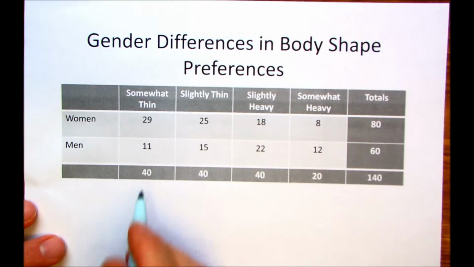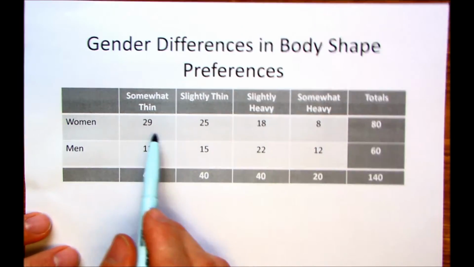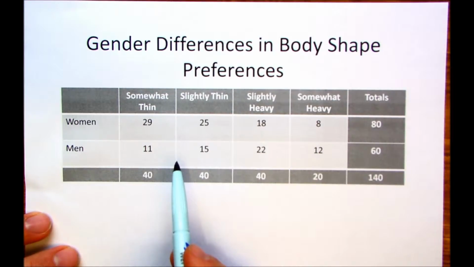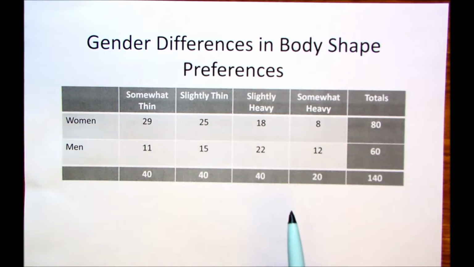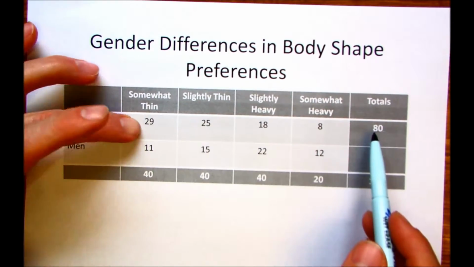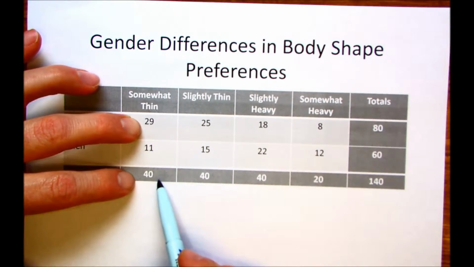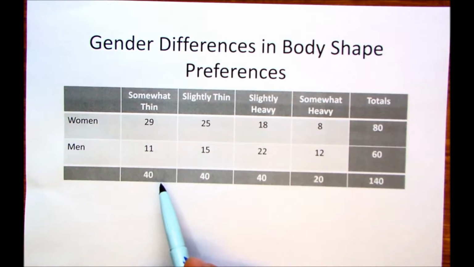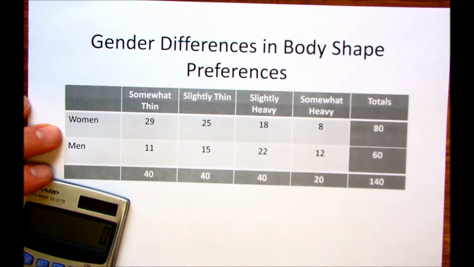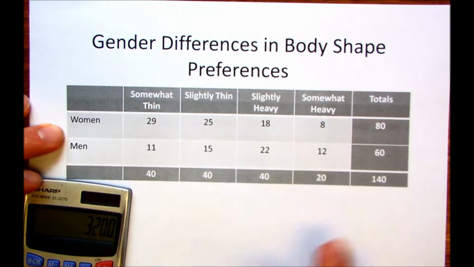We've got our observed frequencies. What we need to figure out for each cell is the expected frequency. How was I saying to do that? We take the row total that corresponds with this cell times the column total for that cell. That's 80 times 40, and then we divide that by our total sample size of 140.